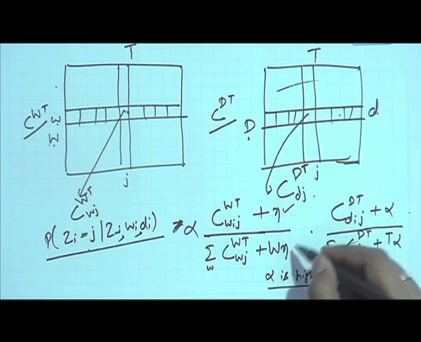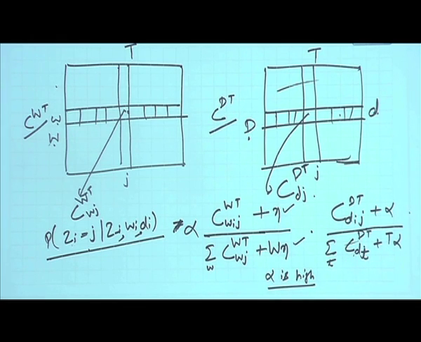Same thing you can do with eta. If eta is high, all the words will have equal probability of coming under the topic. If it is low, then certain distributions will be preferred. So this is the formulation for the probability that zi is equal to j.